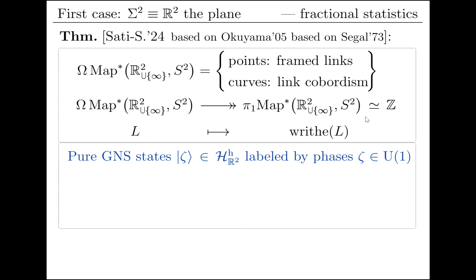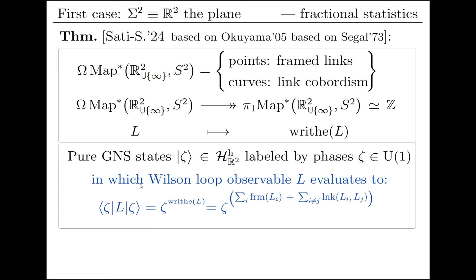So we can just compute the pure GNS states on this very simple looking algebra of observables. And one finds by elementary arguments that these states are labeled by phases, elements of U(1), zeta, such that every Wilson loop, every framed link, has as expectation value in this state zeta to the power of our total crossing number.